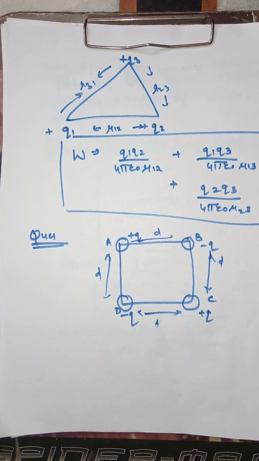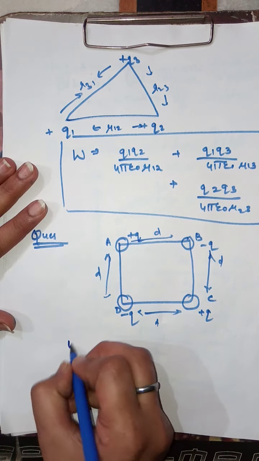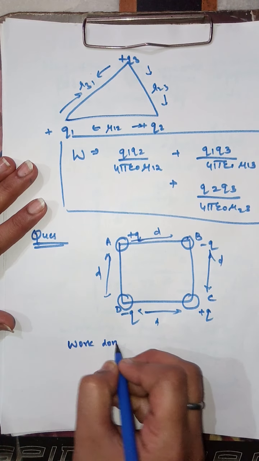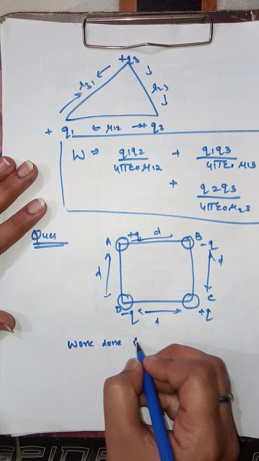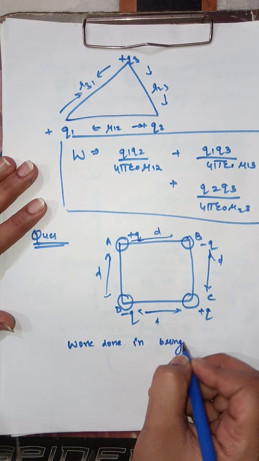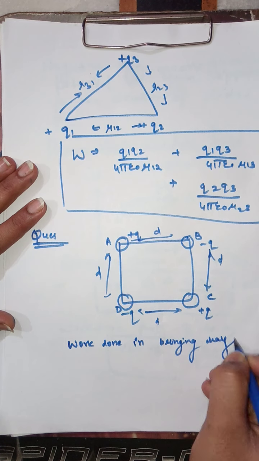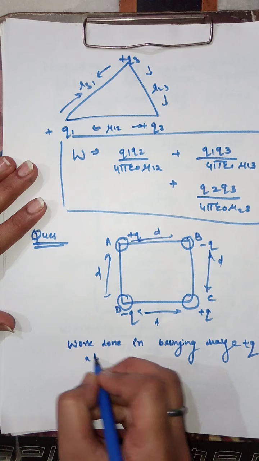So what is the work done in doing so? That is our first step. Again I am repeating, our first step is to consider that we have nothing but a positive charge plus q, and we have placed that charge at the point A. So what is the work done in bringing charge plus q at A?